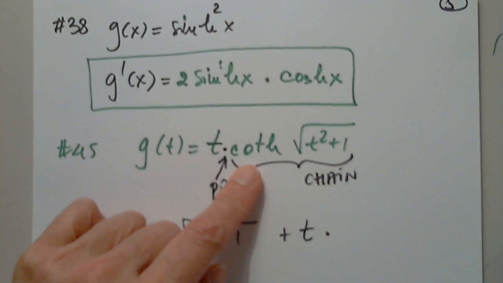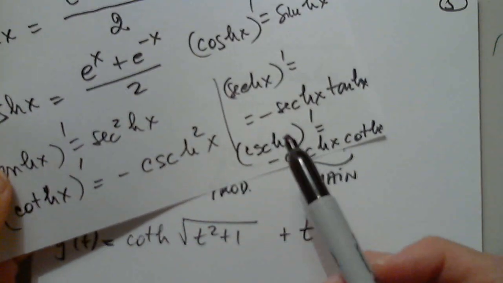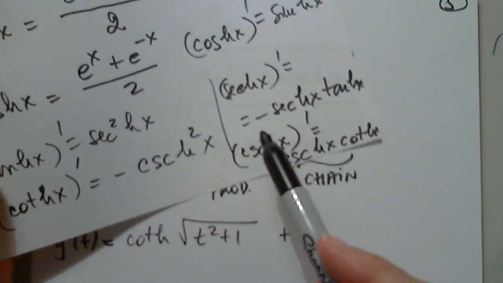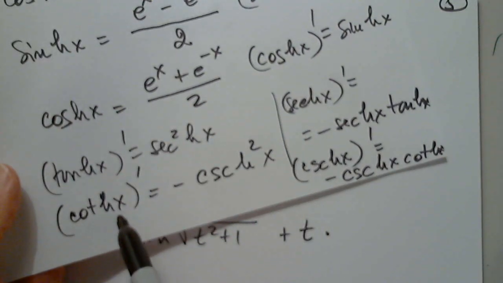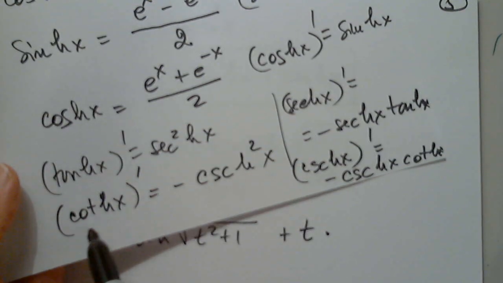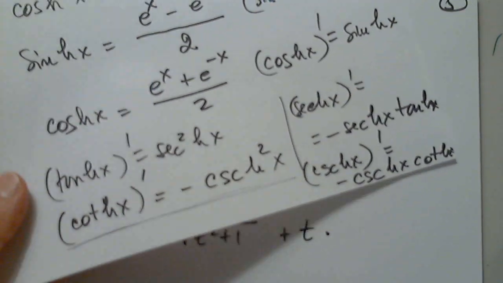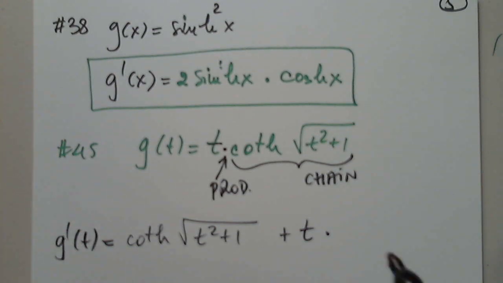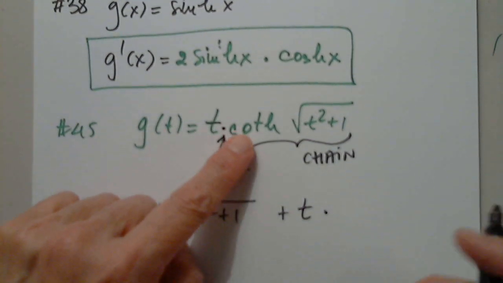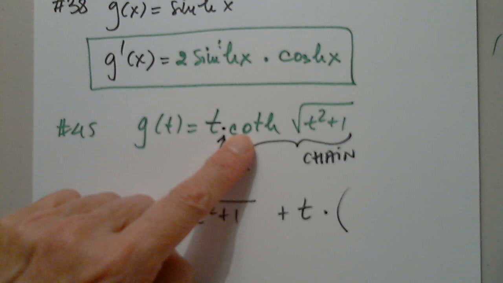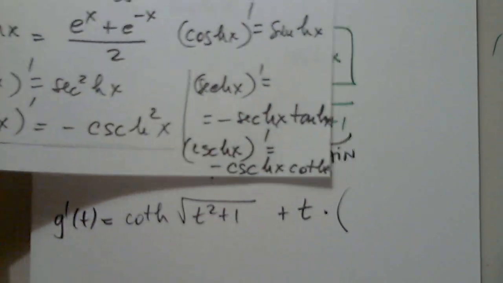Now we want to differentiate hyperbolic cotangent. So what do I write? Times what? Let me put the formula back here.